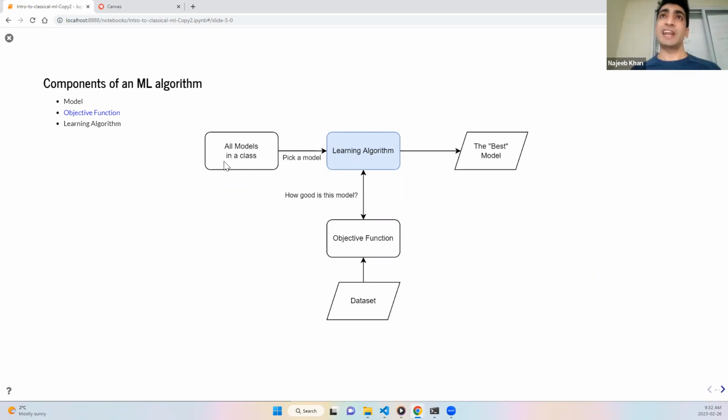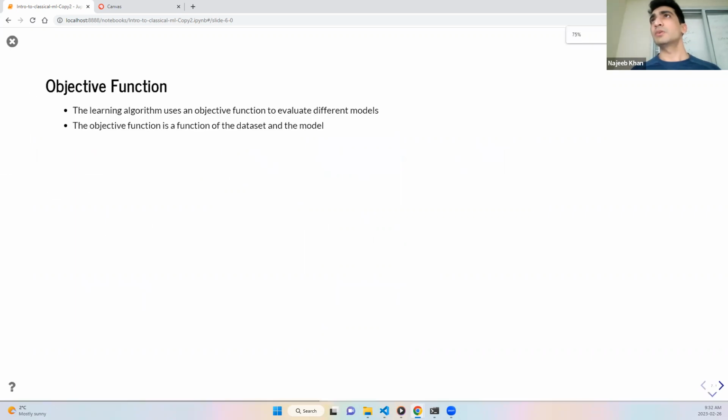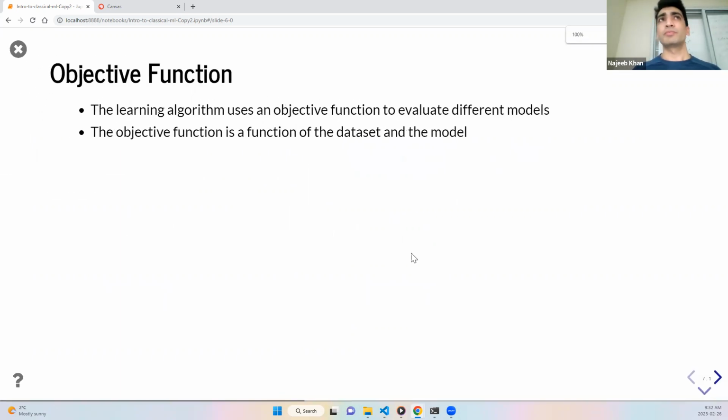We decide on the class, but which weights should we use? To find that out, we need to use an objective function. Basically, the objective function is used by the learning algorithm to evaluate different models in a given model class. It's a function of the data set, the data that you have, and the model.